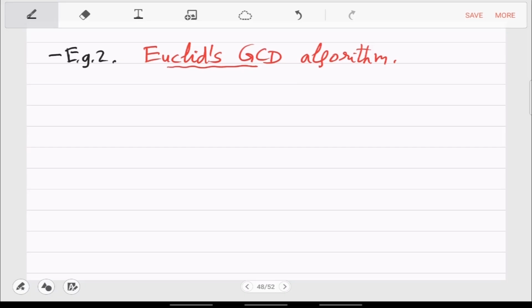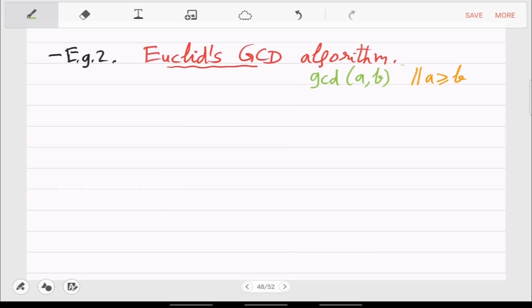So you have seen this algorithm many times. So let's write the pseudocode first. So GCD you want to find of integers a and b, and we assume that a is bigger.